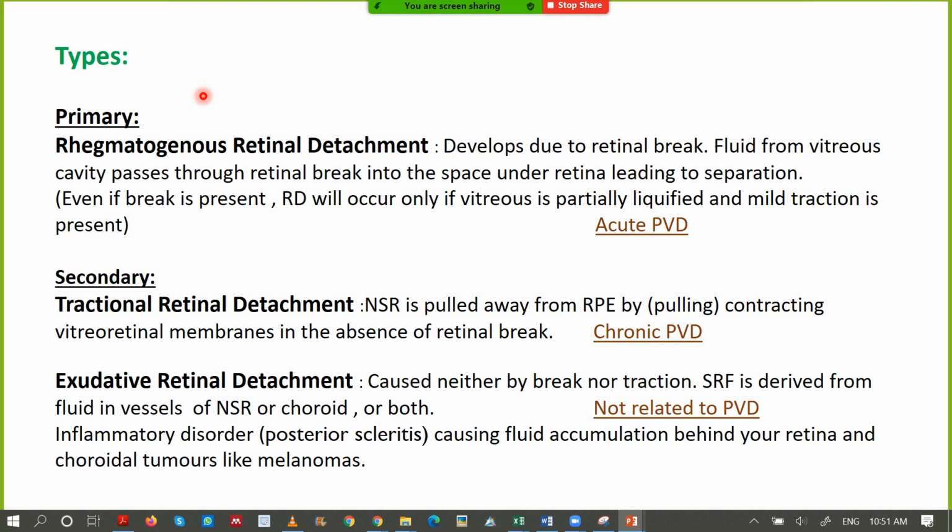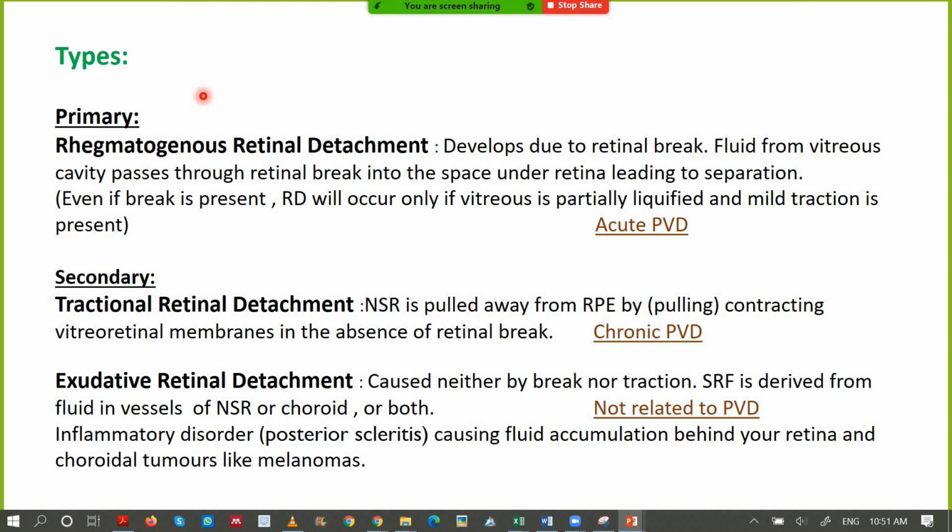So that is called rhegmatogenous retinal detachment. This is the most common primary type, and it is called acute posterior vitreous detachment. Then comes the secondary part.